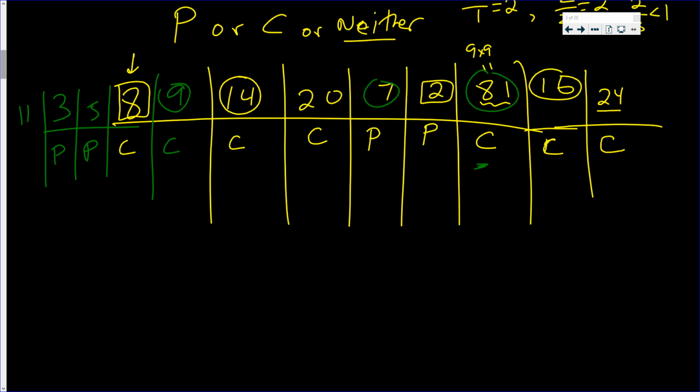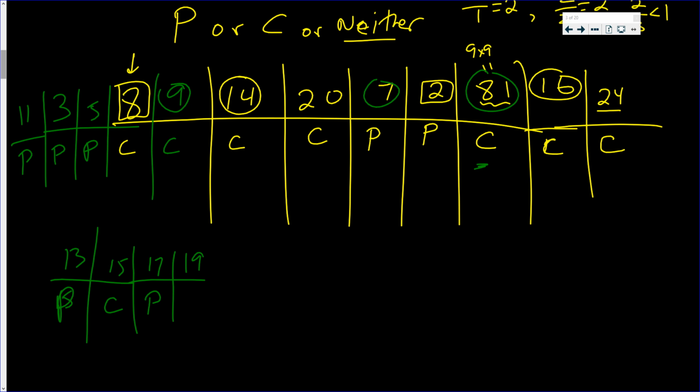But 11 is prime. 13 is prime. 15, well, let me write P for prime. 15 is composite because 5 and 3 go into it. 17 is prime. 19 is prime.